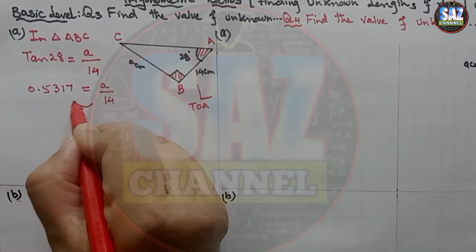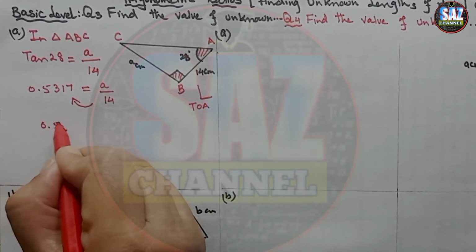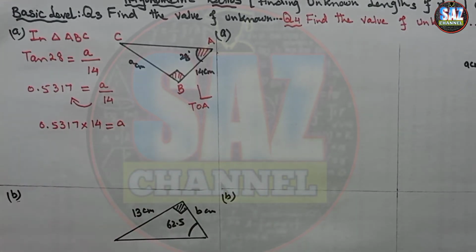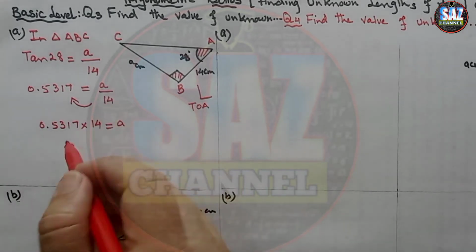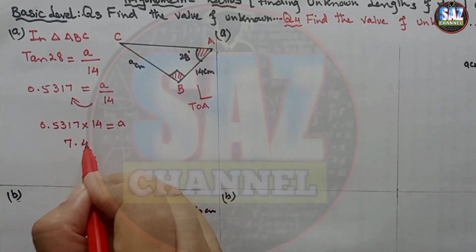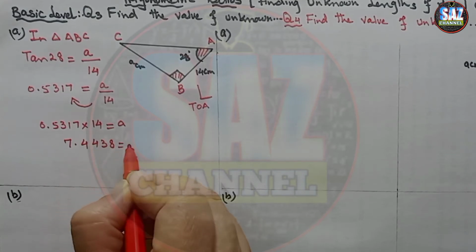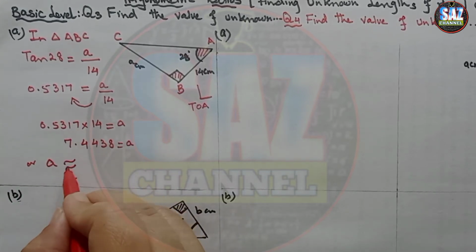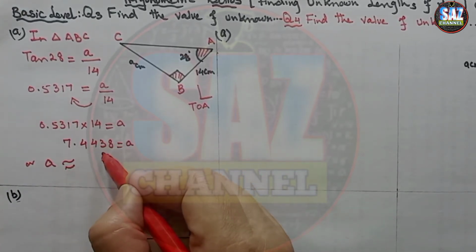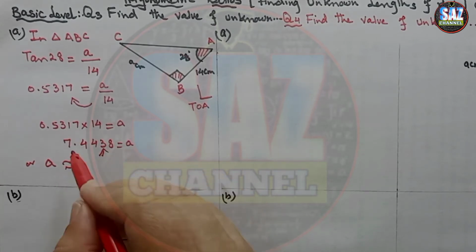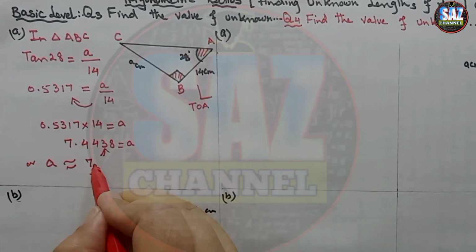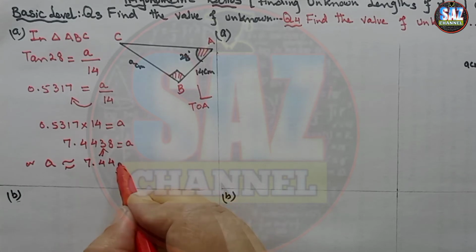Now go for cross multiplication. 0.5317 multiplied by 14 equals A, and this gives me 7.4438 equals A. As I have to give the answer to three significant figures, I will focus my attention on the fourth digit, that is 3, which is less than 5. So A will be approximately 7.44 centimeters.